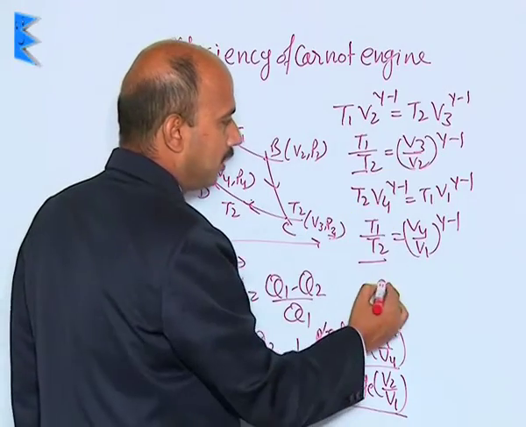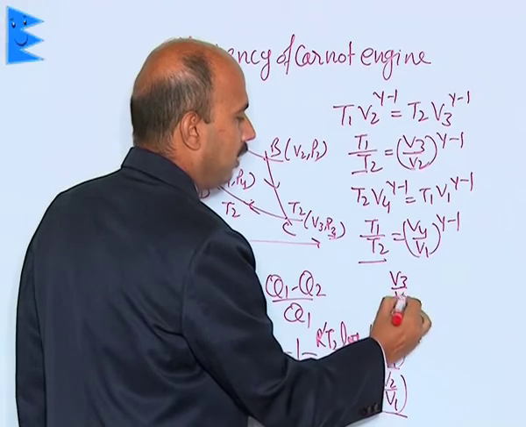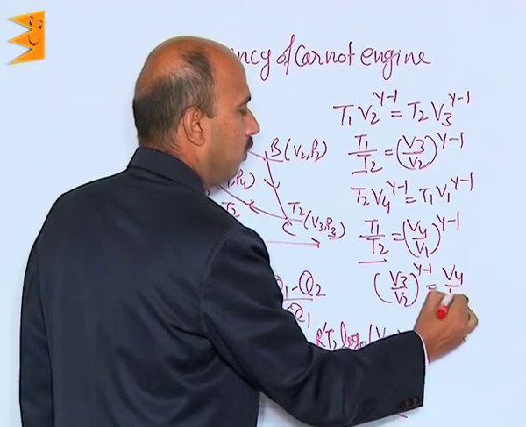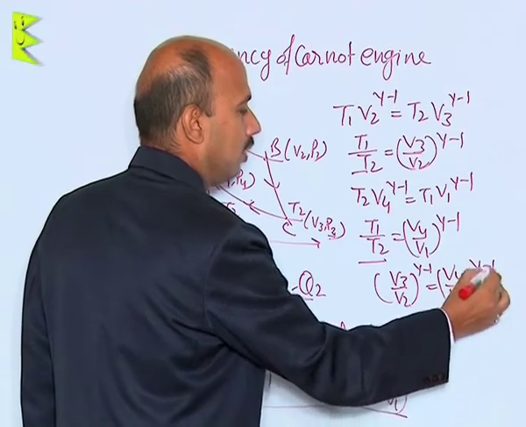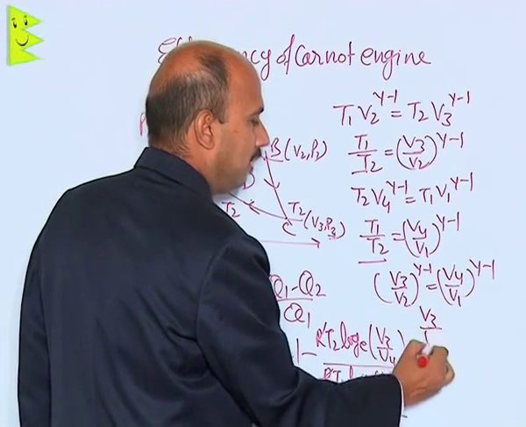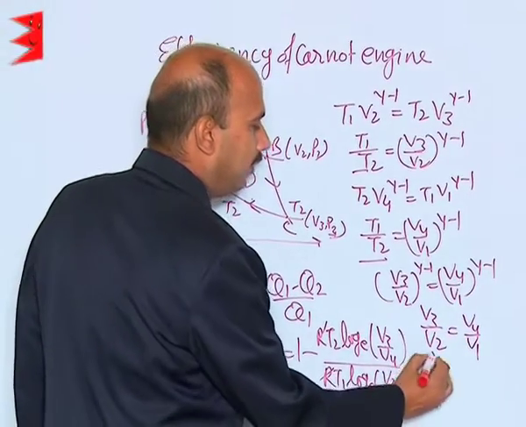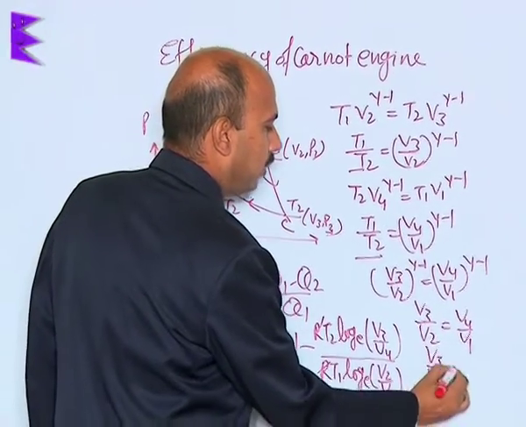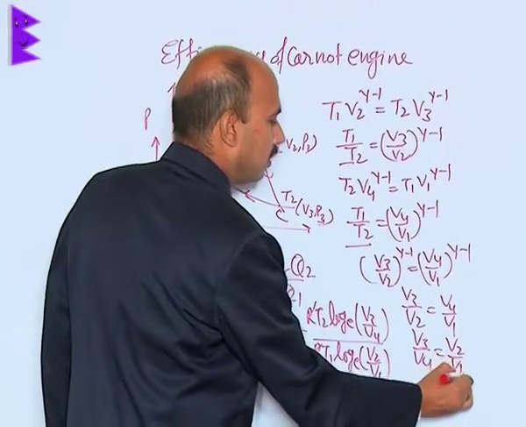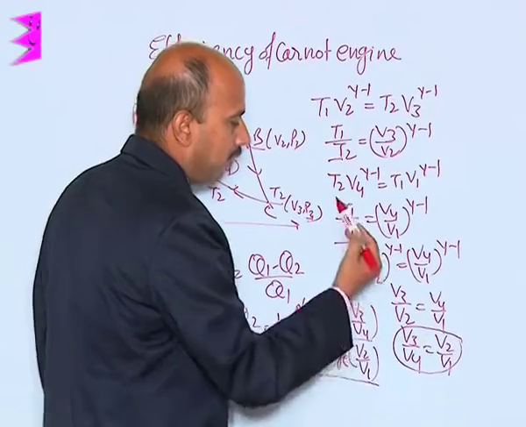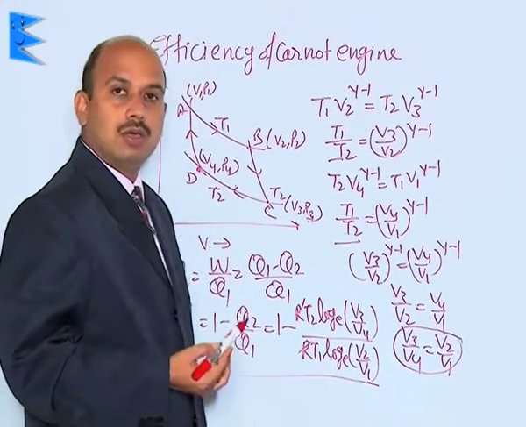So, we can write V3 upon V2 raised to power gamma minus 1 is equal to V4 upon V1 raised to gamma minus 1. So, V3 upon V2 is equal to V4 upon V1, and here we can write V3 upon V4 is equal to V2 upon V1. So, now we have shown V3 upon V4 is equal to V2 upon V1.